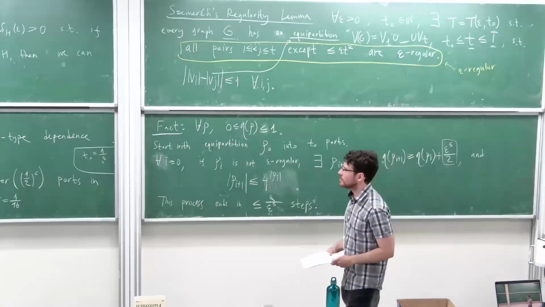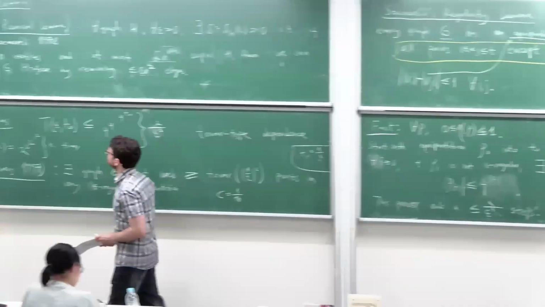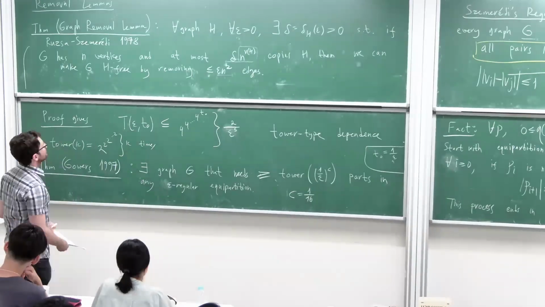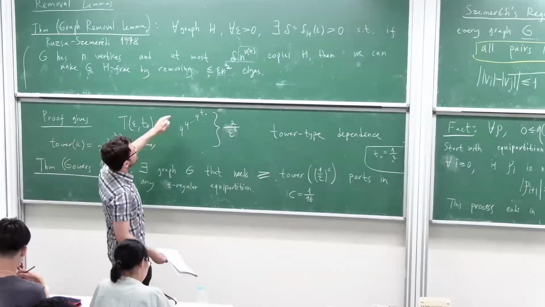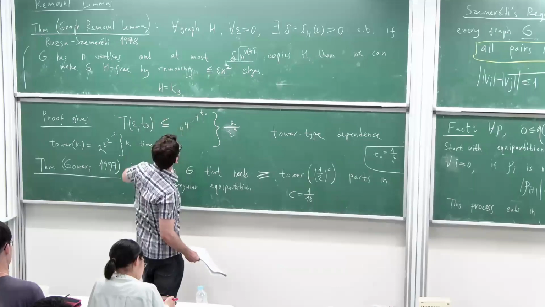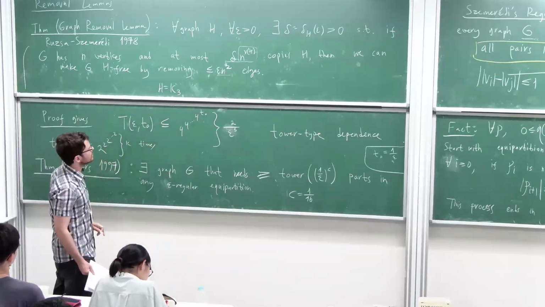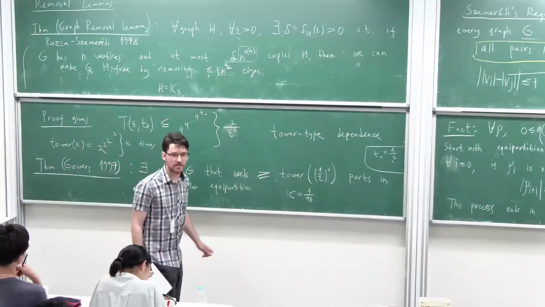Okay. So now we go back to the removal lemma. Now we have everything we need to prove it. So let's do that. I'll only prove it in the case that H is a triangle. I think that's the only case proved in the Bristol paper, and it also has all the main ideas.